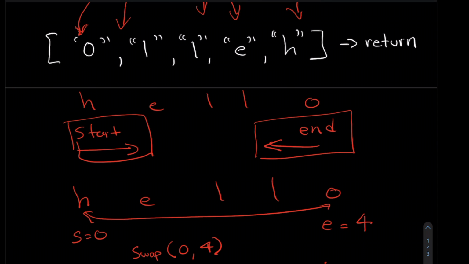And the next thing we want to do here, S is equal to 1, E is equal to 3, and now we're going to swap 1, 3. And then the next swap that's going to happen is that S is going to be equal to 2, and E will be equal to 2 right here.